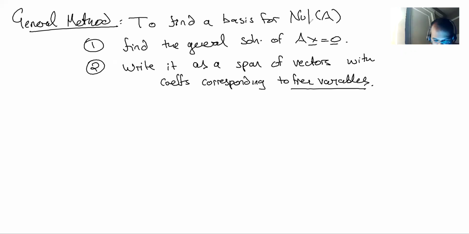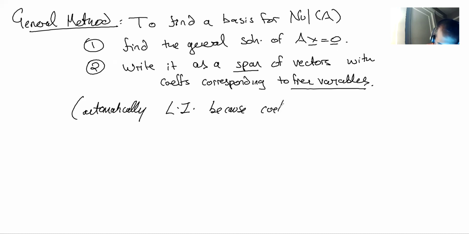Now, by the argument in the previous slide, you already got the spanning, and these are automatically linearly independent because the coefficients in the linear combination appear as entries of the resulting vector.